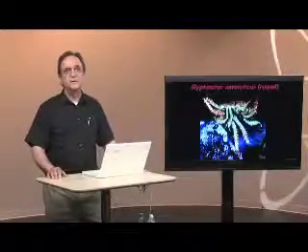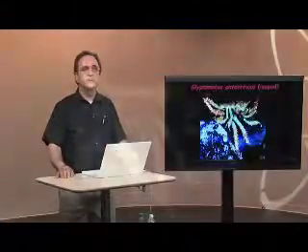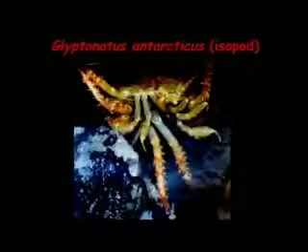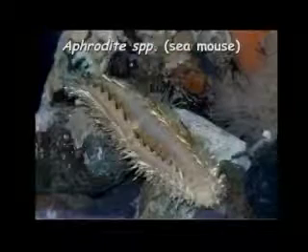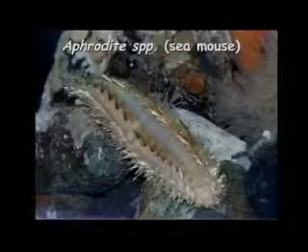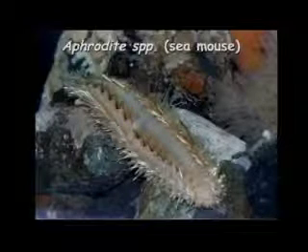Well, also, there are a number of invertebrates in the Southern Ocean. This is an isopod called Glyptonotus antarcticus, which is often said to take the place of a crab in the ecosystem. This is a sea mouse, Aphrodite, a polychaete worm, and here is a nice little octopus that we caught in one of our trawls.